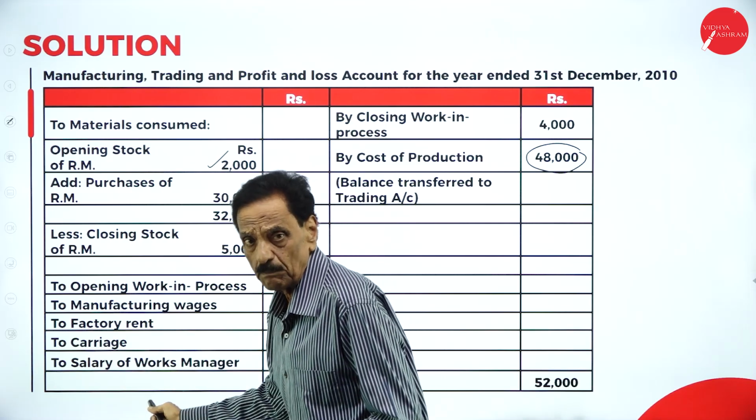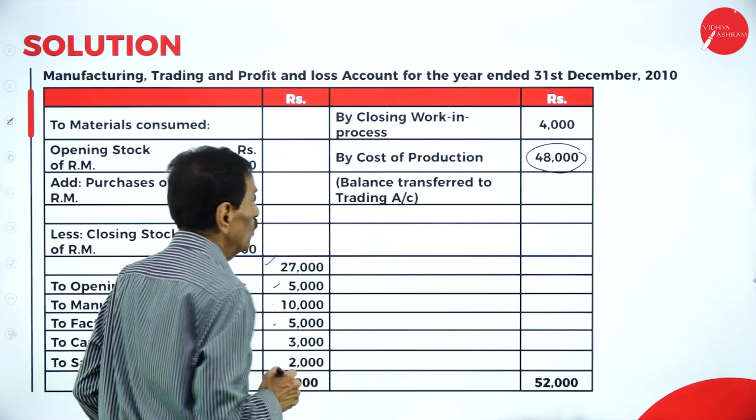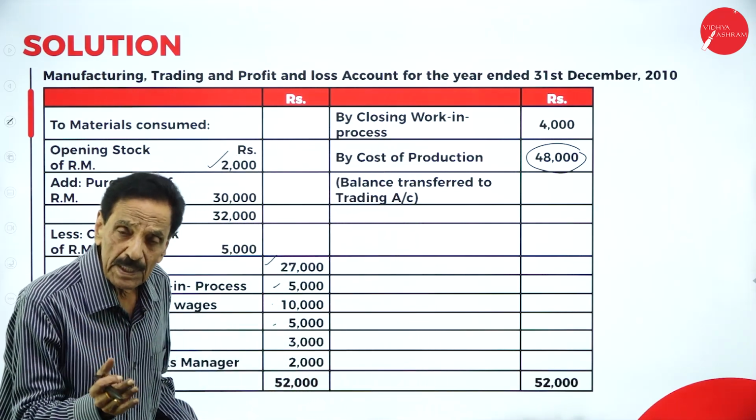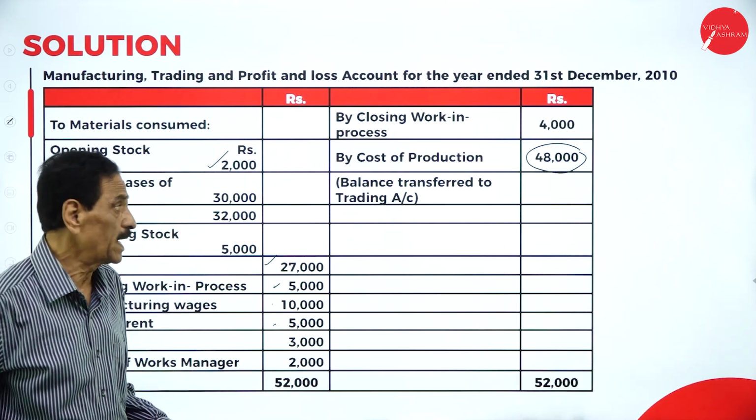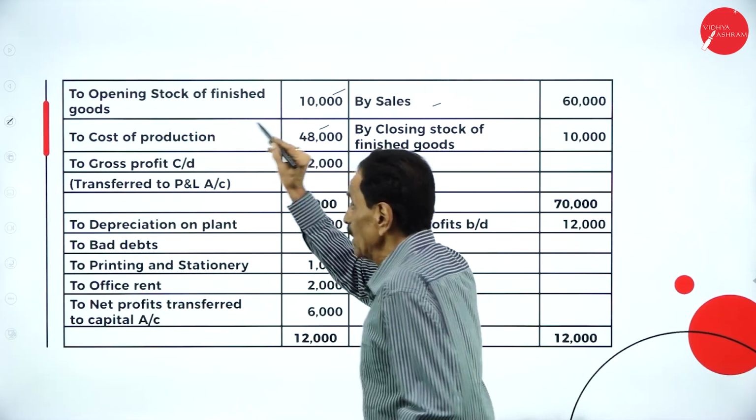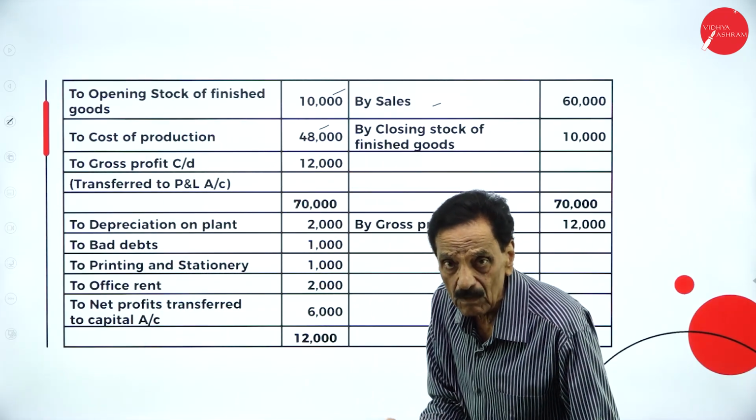Even depreciation on plant, you can put it here. By closing work in progress, whatever the difference comes, that is the cost of production, goes to the trading account. Then only finished goods will come in the trading account.